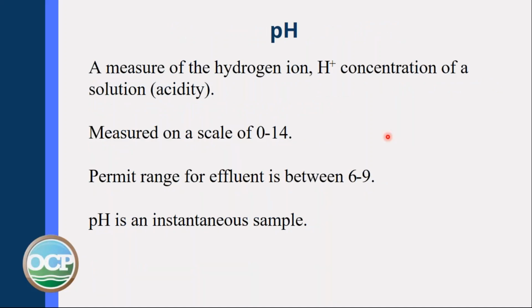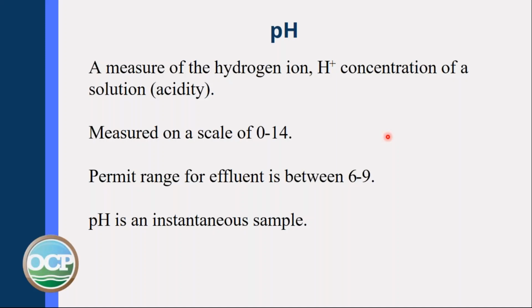We're going to also need to measure pH. pH is a measure of the hydrogen ion concentration of a solution, how acid or alkaline that solution is. It's measured on a scale from 0 to 14.